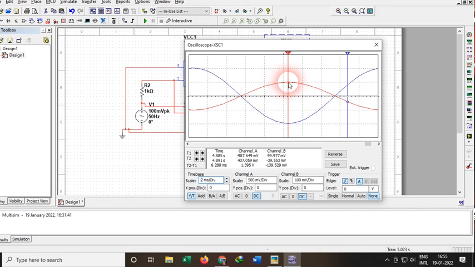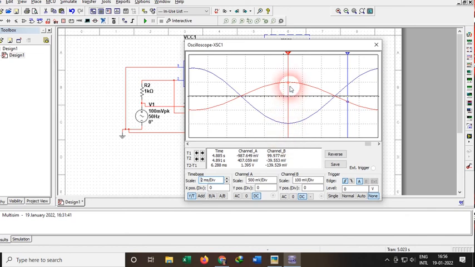Since the red one is with channel B, it is channel B with the first cursor T1. The value is around 99.97 millivolt. So 99.97 millivolt is the maximum input voltage shown by our DSO, and our DSO shows around 1.011 volt for the output signal, which I have already measured.